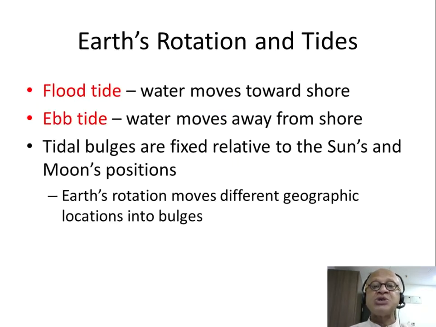So Earth's rotation and tides end up giving us flood tides, which means the coast gets flooded, so tides are coming in. And then there is the ebb tide when the water moves away from the shore, right? So tidal bulges are fixed relative to the sun's and moon's position, as we saw.